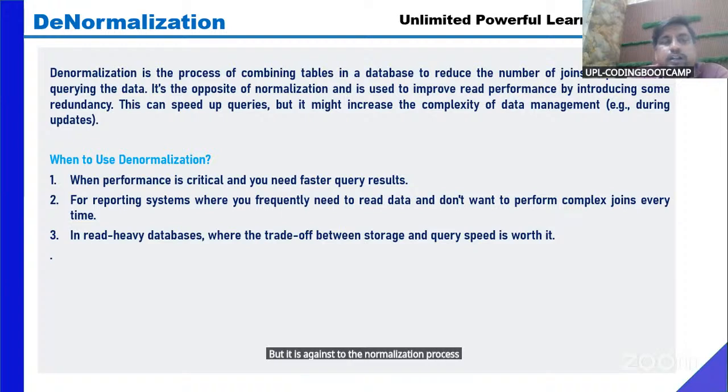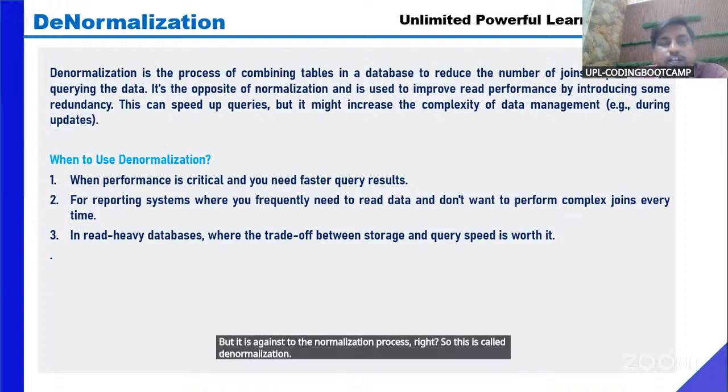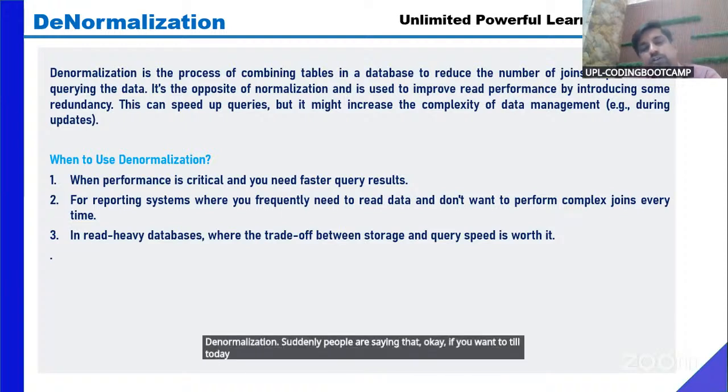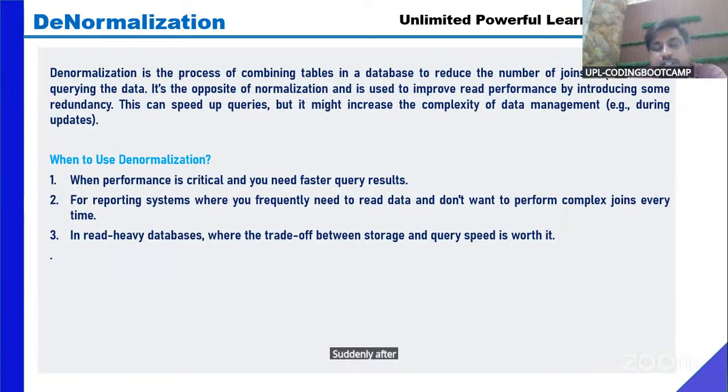This is called denormalization. Until data analytics, people were talking about the process of normalization. Suddenly after data science, data engineering and data analytics evolved, people started talking about denormalization.